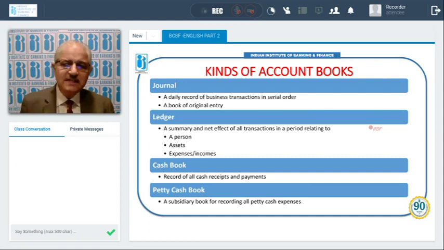All these accounts are prepared in the ledger separately. The cash book would be a record of all receipts and payments made in cash. And the petty cash book, we just discussed, is where all small cash expenses are entered, and this is a subsidiary book.